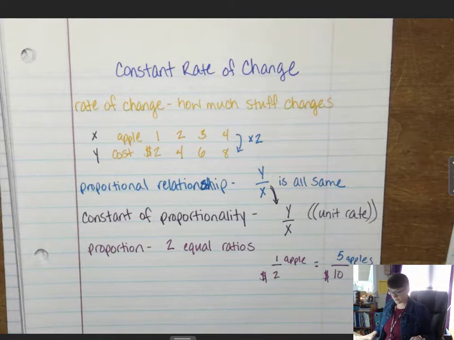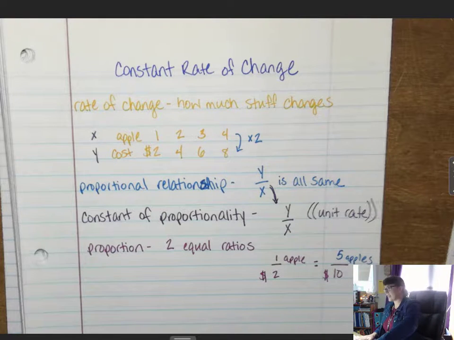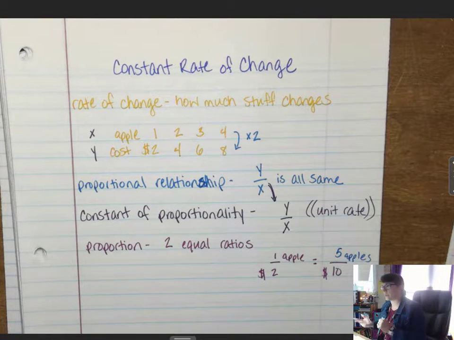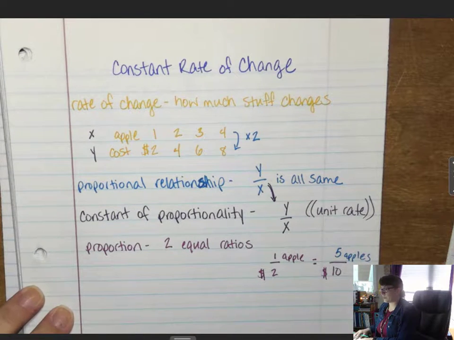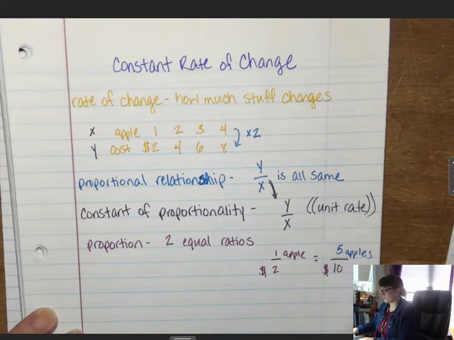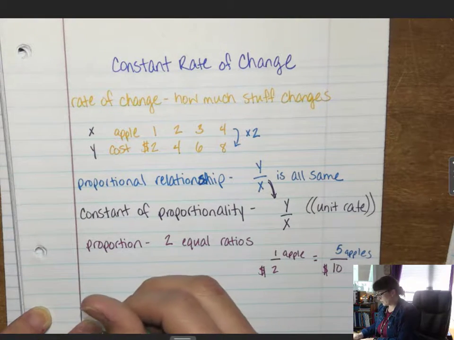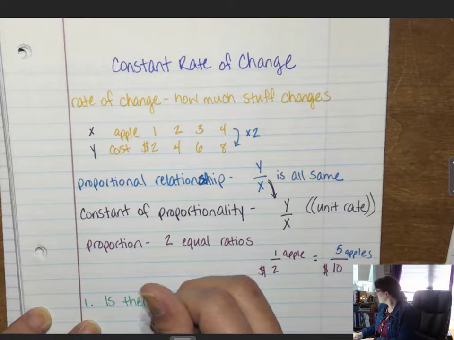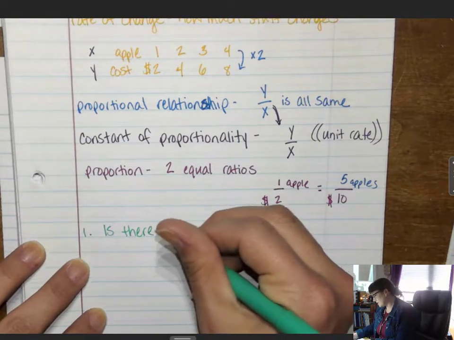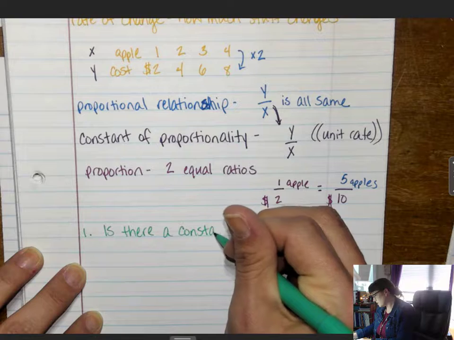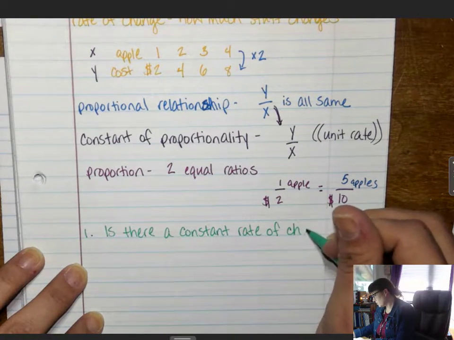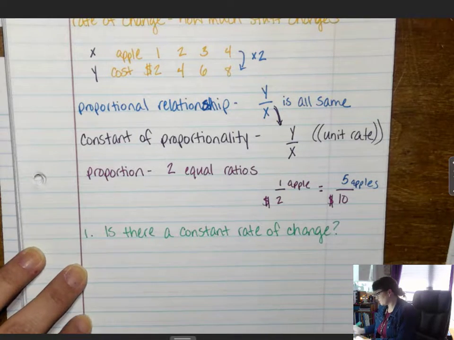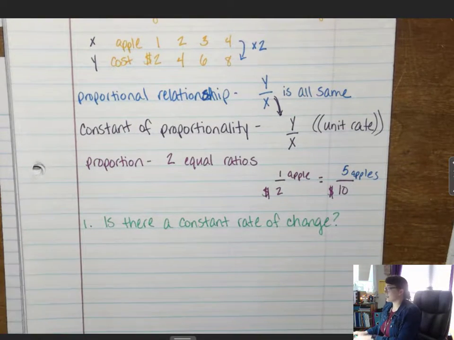All right. For the math part. Your goal today, you have to figure out, is it a proportion? And if it is, you have to answer some questions. So the first thing you have to do is decide, is it a proportion, which means there's a constant rate of change. So step 1, is there a constant rate of change?